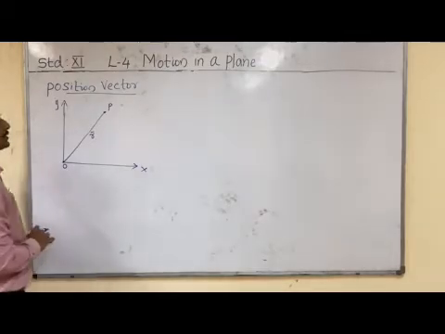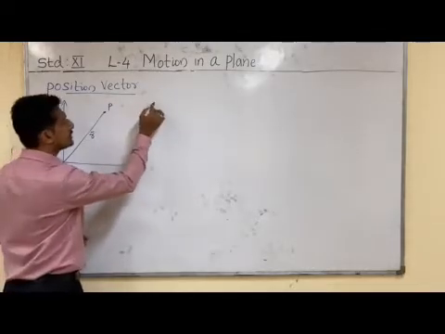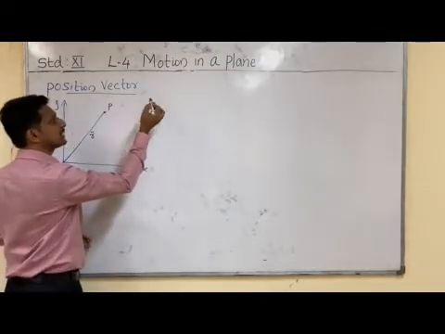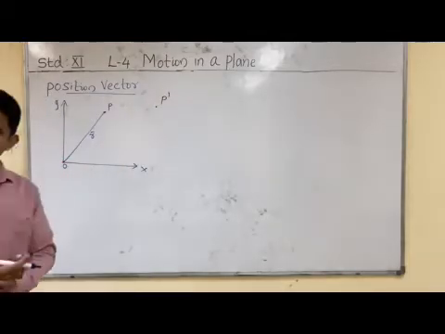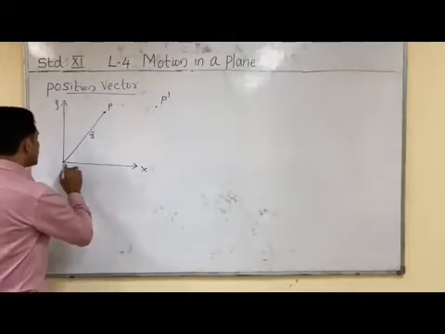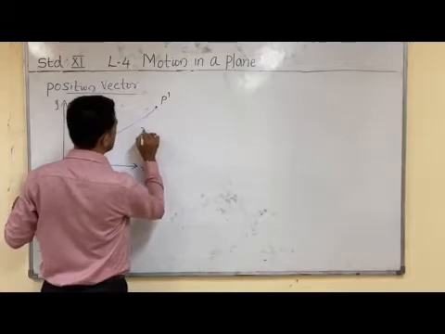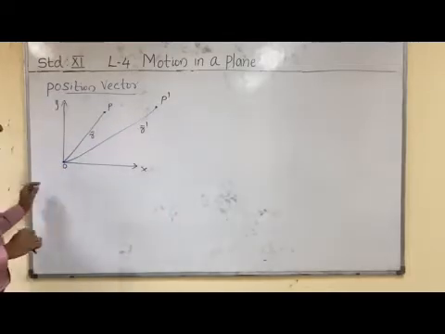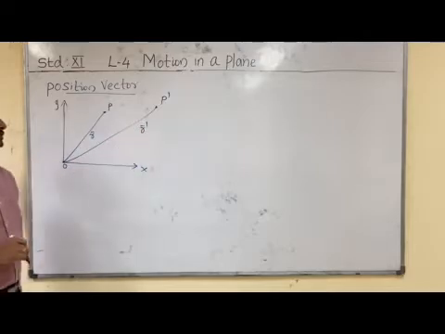Now we are considering a situation after a time interval of t seconds. Let P dash be the new position of the particle, and R dash is the new position vector.